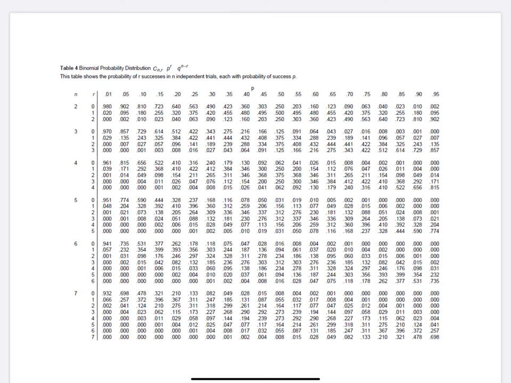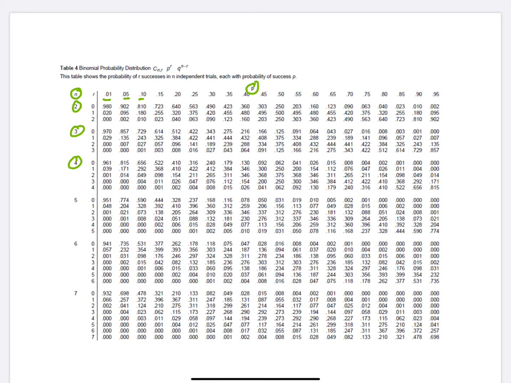Let me tell you how to use the table. On the top row we have the probability of success, p. So we have 0.01, 0.05, 0.1, and so on. Then we have n, the number of trials. In this table we have probabilities for 2 trials, 3 trials, 4 trials, and so on.